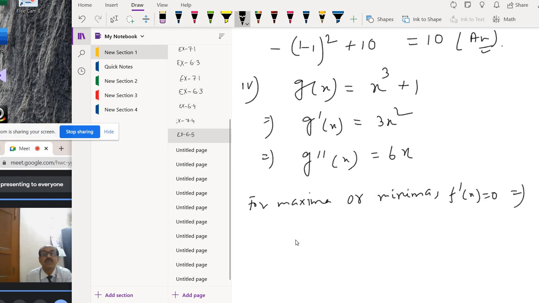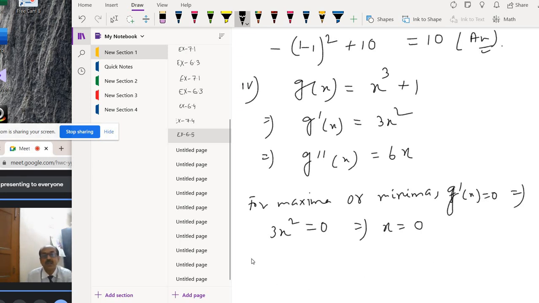g dash x equal to 0. That means 3x square equal to 0, and 3x square equal to 0 means x equal to 0.